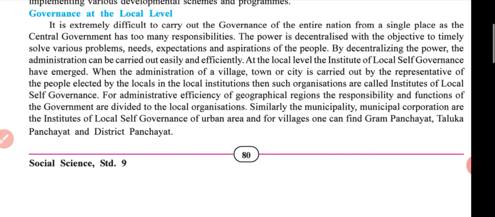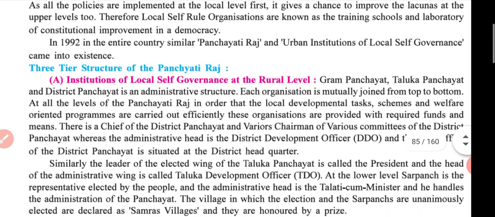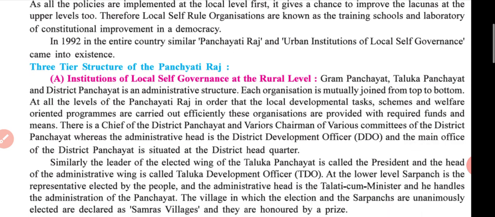At the local level, the institutes of local self-governance have emerged. In this topic, we studied point number A and B. Point number A includes the three-tier structure of Panchayati Raj.